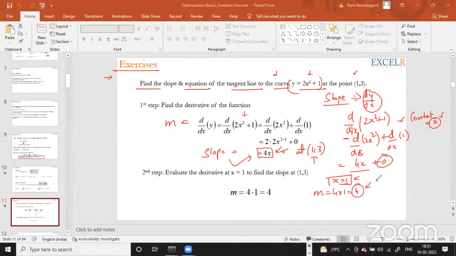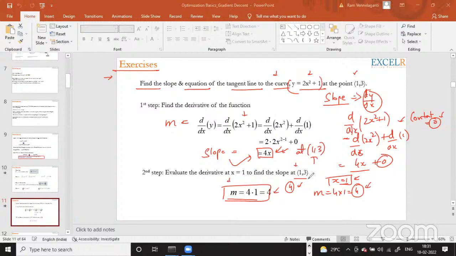It is 4. So the slope at point 1 comma 3 is going to be 4 for us.